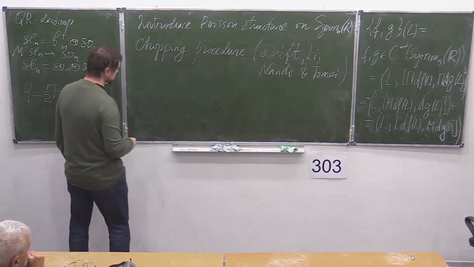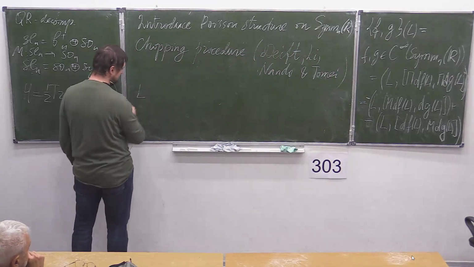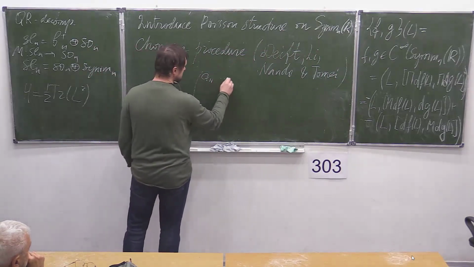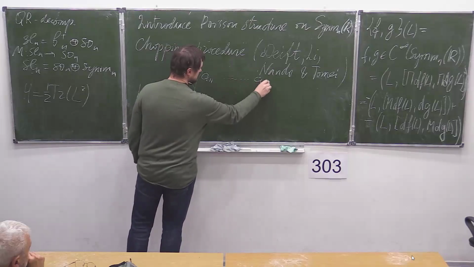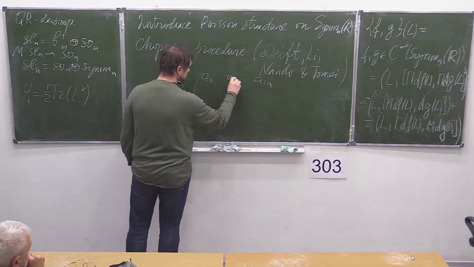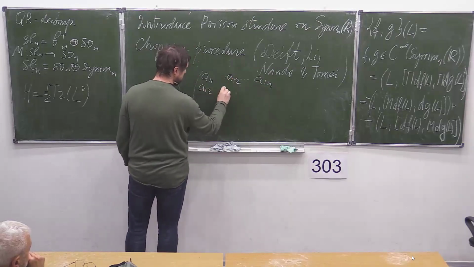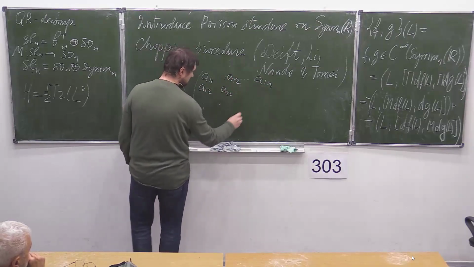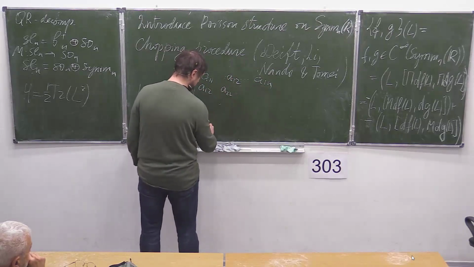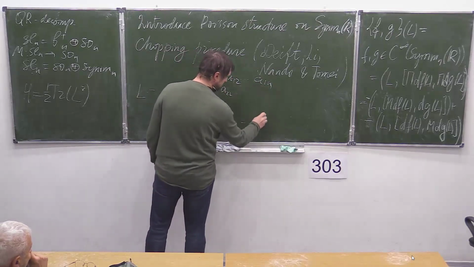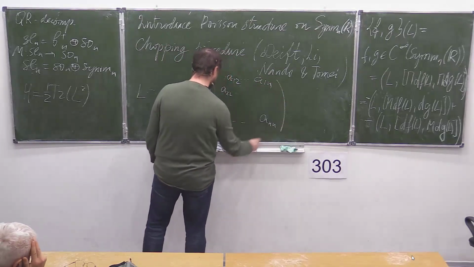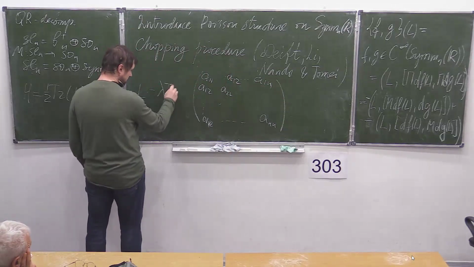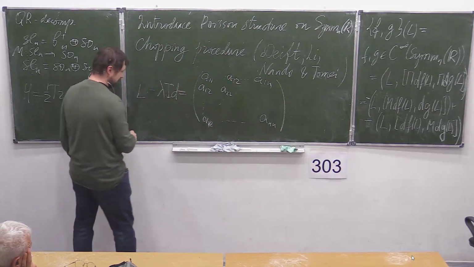So it looks as follows. You take the L matrix, the Lax matrix, so it's symmetric, so I don't care what to write here. Then you subtract the scalar matrix lambda times the identity, right?